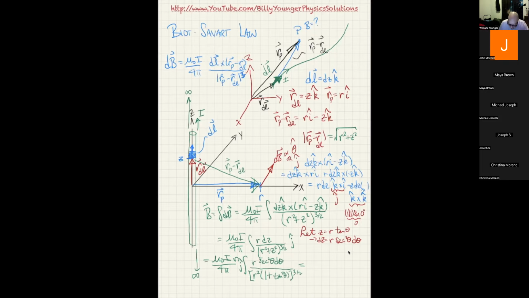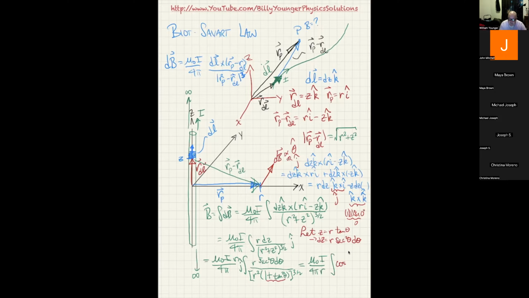So I'm left with mu 0 I over 4 pi r. That's all that's left. And I get the integral of secant squared on the top. This right here is secant squared, but secant squared to the 3/2 power is secant cubed. So I end up getting secant squared over secant cubed, which means secant in the bottom, but secant in the bottom is the same thing as cosine on top.